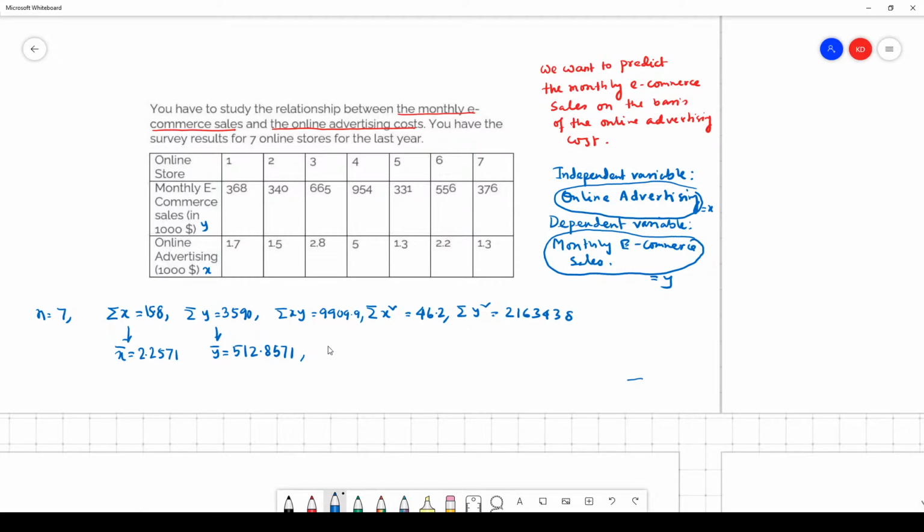Okay. So SSX, which is equal to summation x square minus 7 x bar square, this is equal to 10.53714. SYY, which is equal to summation y square minus 7 y bar square, this is equal to 32280.9.